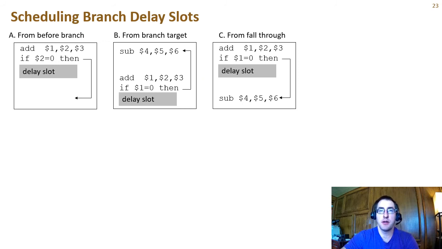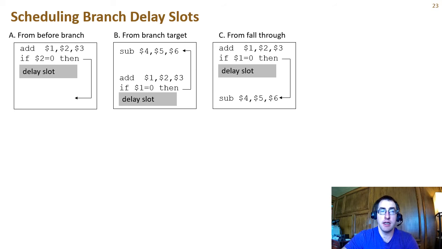We'll look at three different options for the compiler to find safe instructions. Option A is to take an instruction from before the branch and put it into the delay slot. Here we have add $1, $2, $3, and then a comparison on $2.